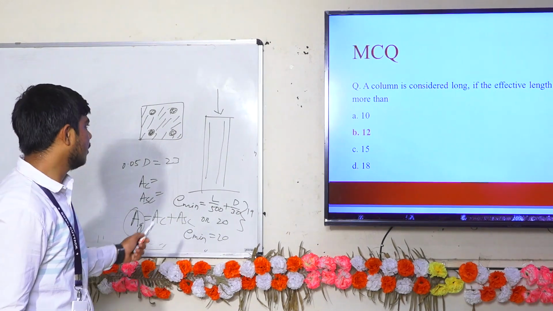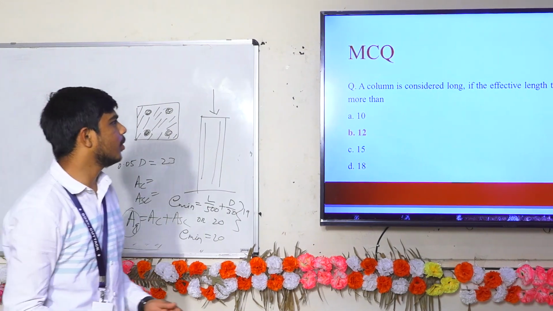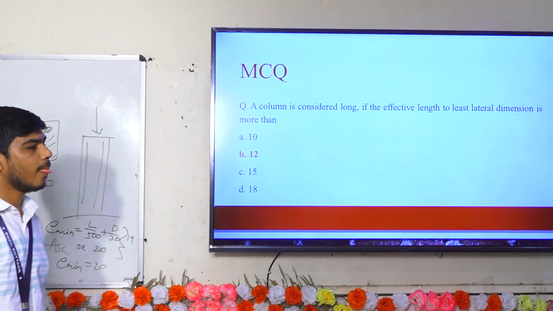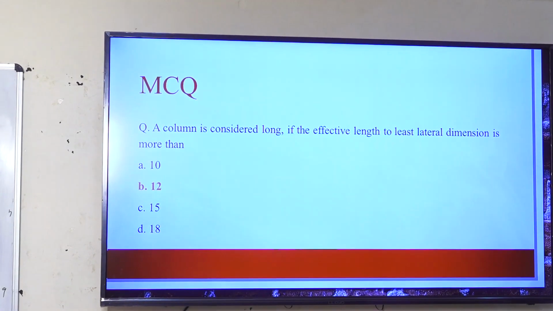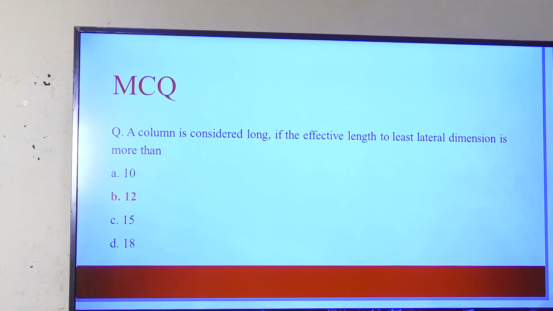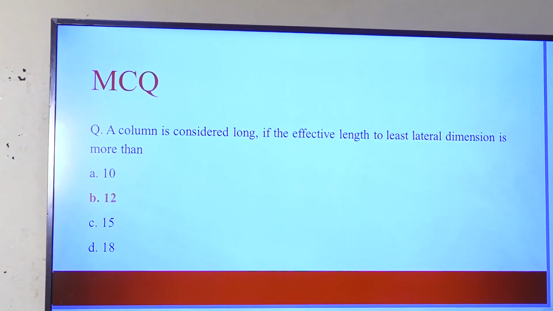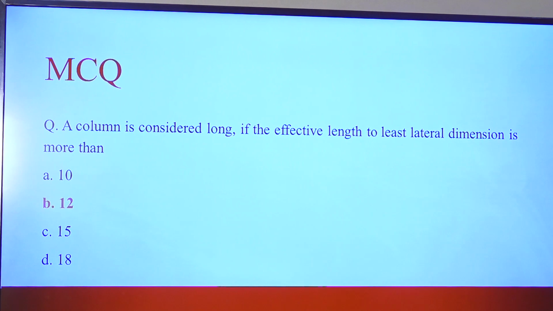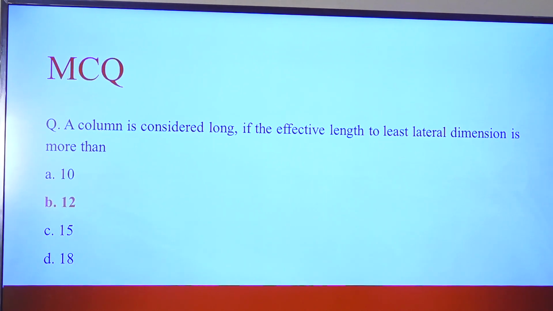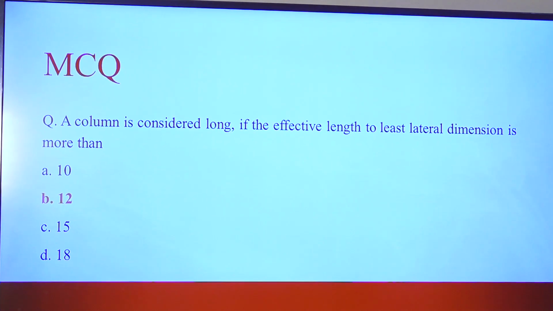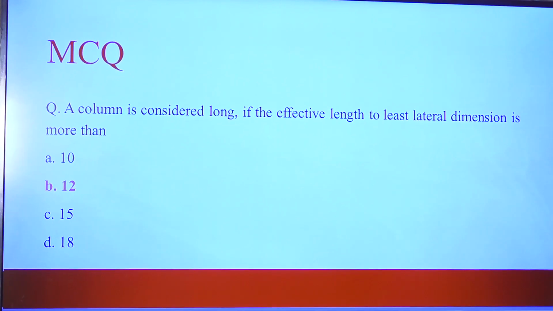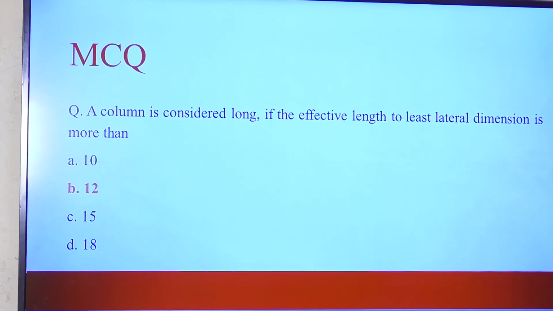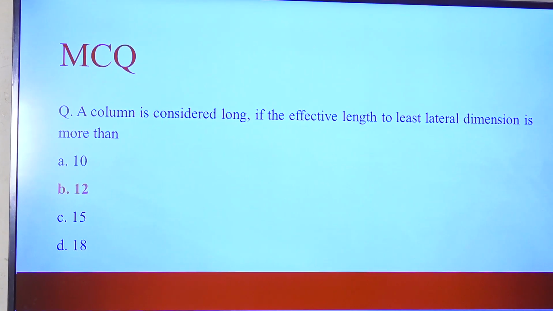From this, let's see some multiple choice questions. Our first question is, a column is considered long if the effective length to least lateral dimension is more than what? We saw that when L effective by D and L effective by B are both less than 12, it is called a short column.